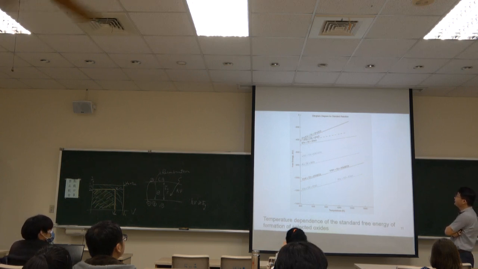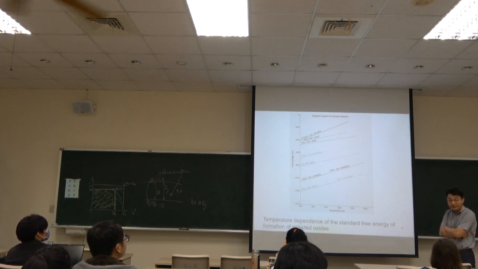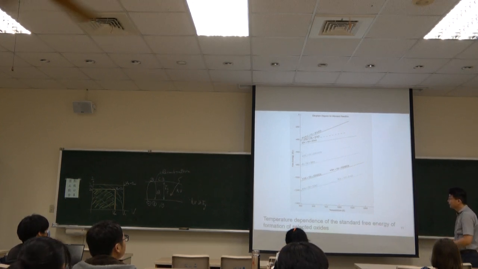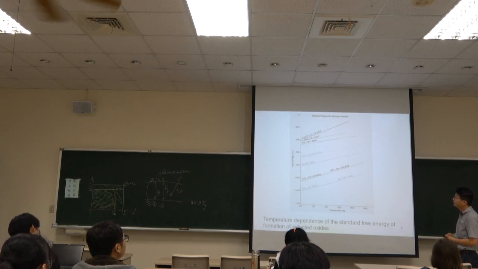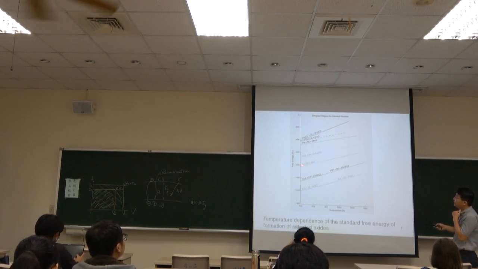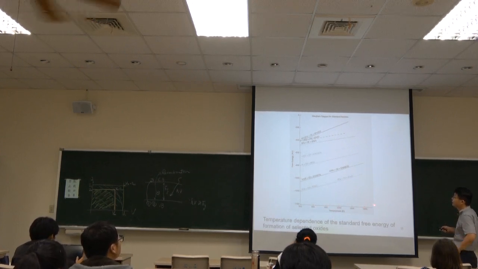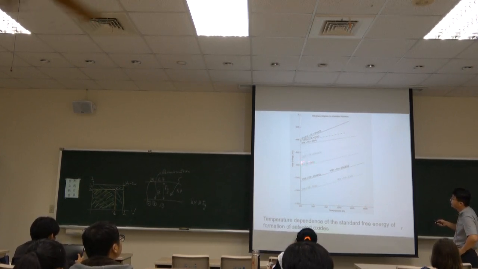And then this is the Ellingham diagram, the thermodynamic Ellingham diagram. I think you should be able to know about the free energy. If we look at the free energy as a function of temperature, silicon dioxide is right here.